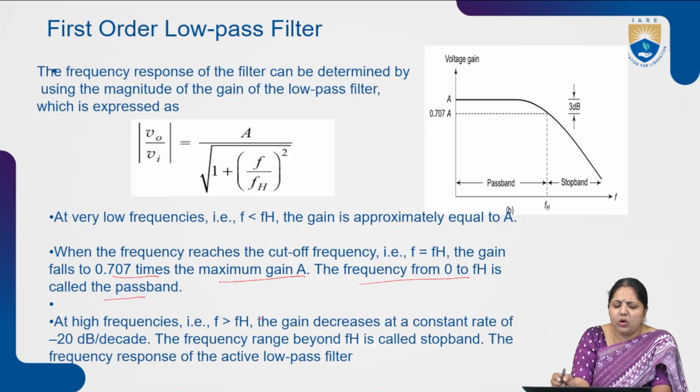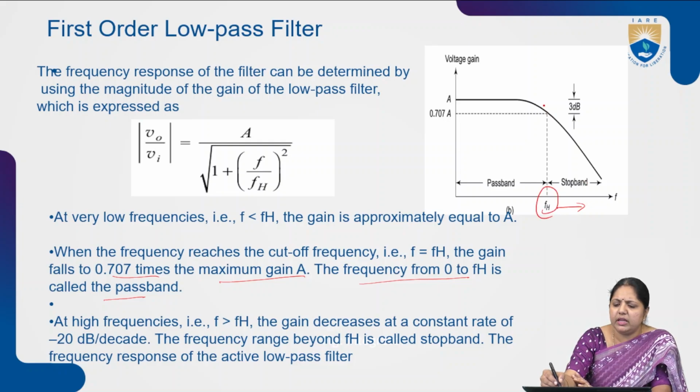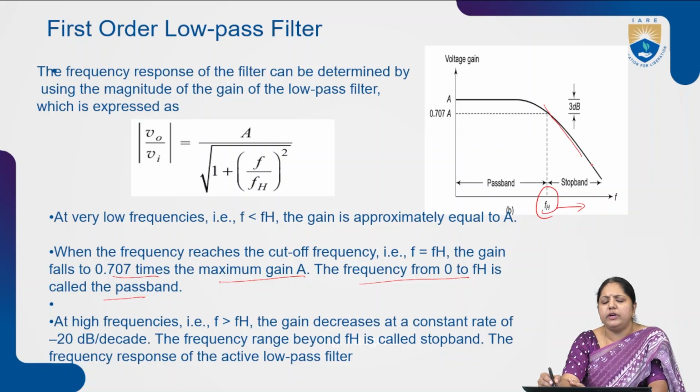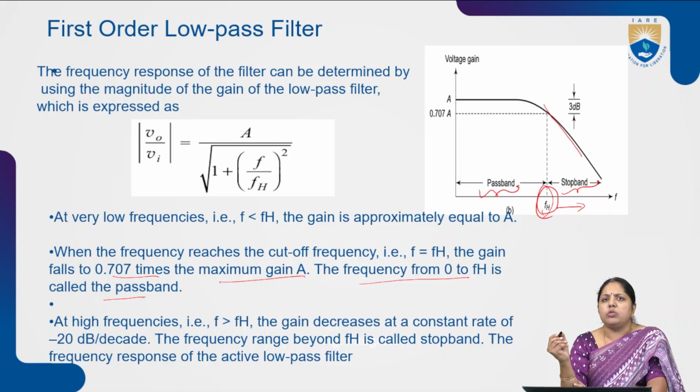Beyond the frequency f greater than Fh, the gain value decreases at the rate of minus 20 decibels per decade, slowly decreasing. Beyond this Fh is called the stop band, and below this frequency Fh is called the pass band. So this is the response of the corresponding low pass filter.